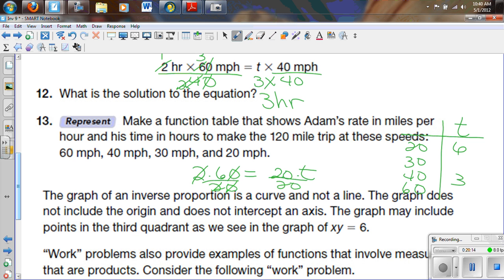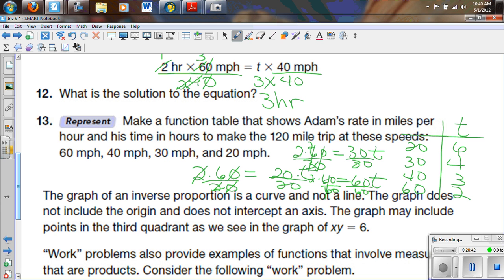What about 30? 2 times 60 equals 30t. Divide by 30. So that's 4 hours. And what do you suppose at 60 miles an hour? 60t equals 60 times 2. Divide by 60. And so it takes 2 hours.